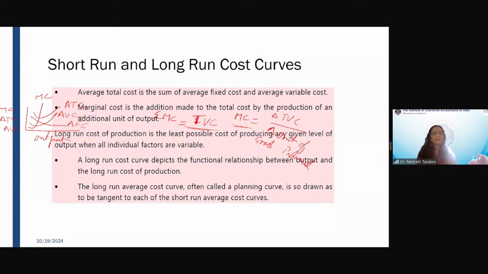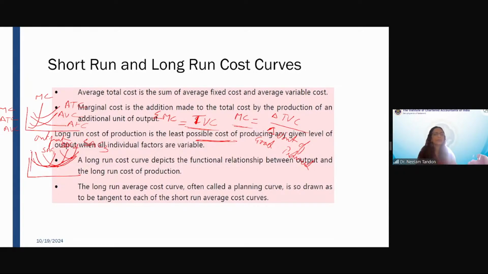In the long run cost of production, we always go for least possible cost of producing. That is why we get this curve. And in this curve, we have all short-term average cost curves of the plant over a different period of time. Three periods of time. And you can see here the cost is decreasing, and then the cost becomes minimum, and then it starts increasing.